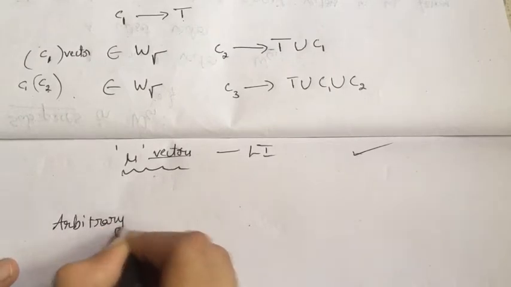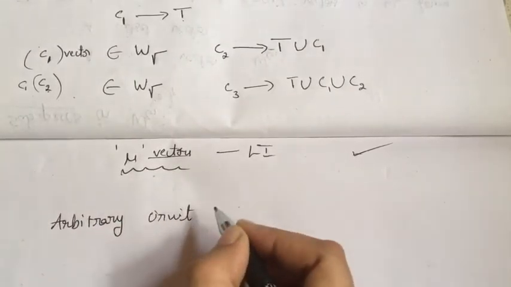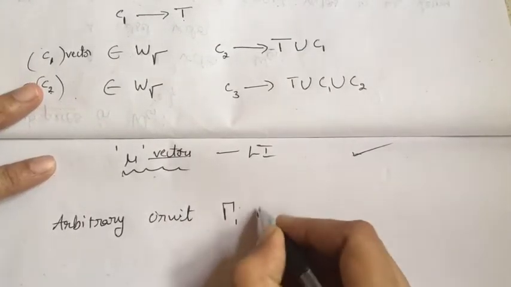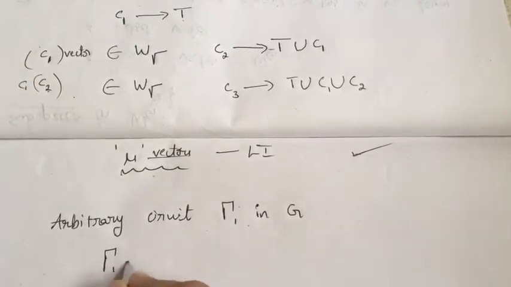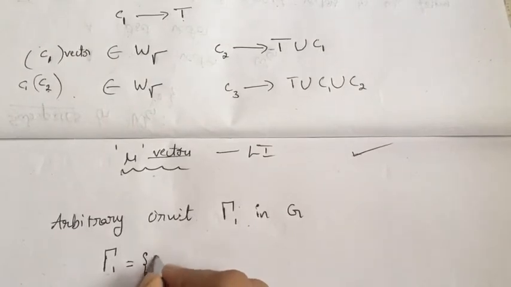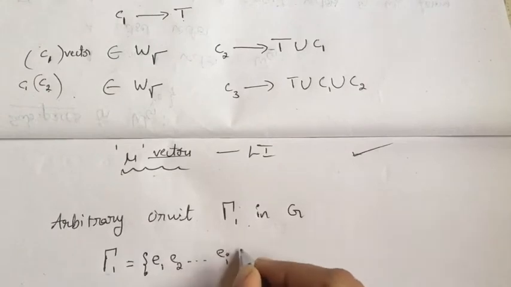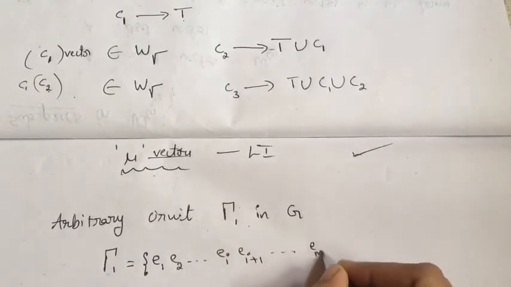I'll consider an arbitrary cycle, denoted by gamma 1 in my graph G, in such a way that it has edges E1, E2, ..., EI, EI plus 1, ..., EM.